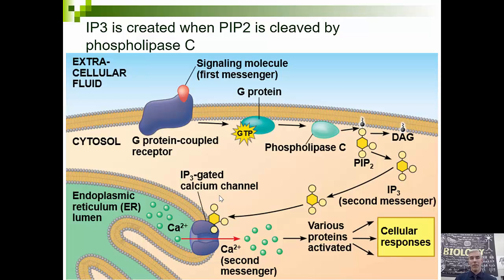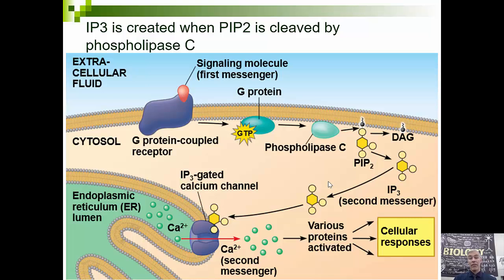So here's an example of a bunch of different second messengers being involved, but also a G protein coupled receptor and a ligand-gated ion channel as well. The ligand binds to the receptor, which activates the G protein, it slides over, and it activates this enzyme called phospholipase C through a direct conformational change.